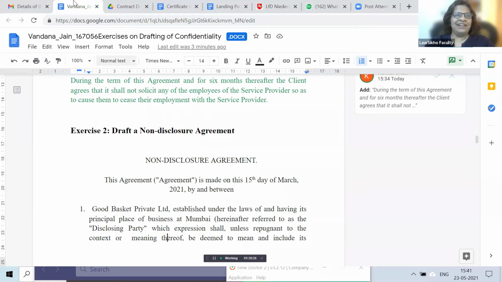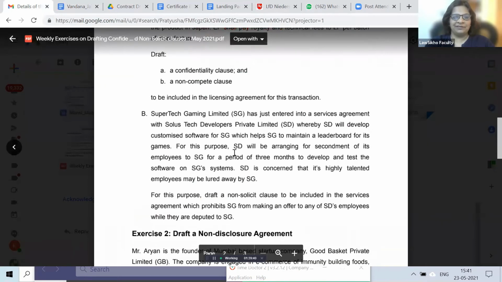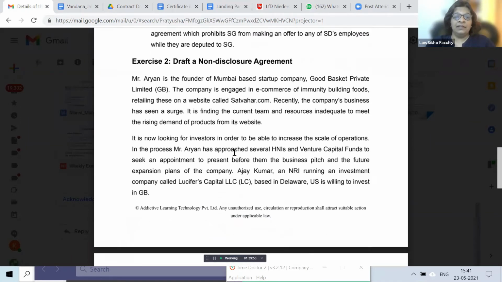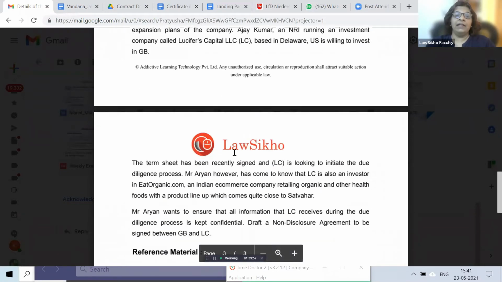Okay. To draft a non-disclosure agreement. Let's see what this one was for. Okay, here this is a very valid concern. This is an investee company and an investor, and the investor has a stake in competing entities.